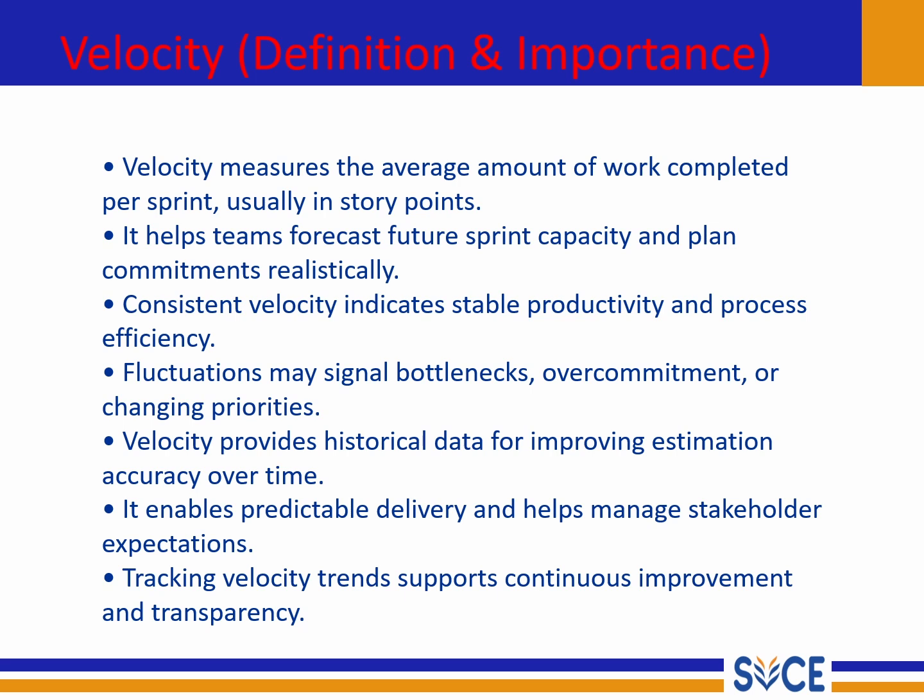For example, if a team completes 40 story points in the last sprint, that gives us an idea of their capacity for the next sprint. This helps the team plan better and make realistic commitments instead of over-promising.